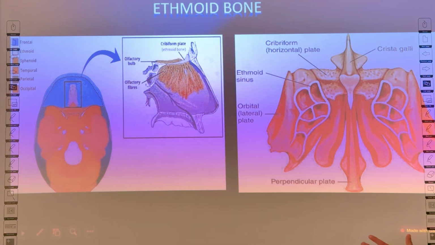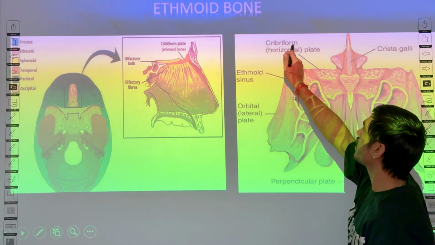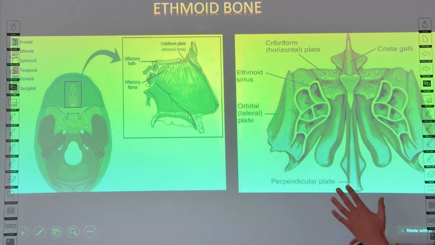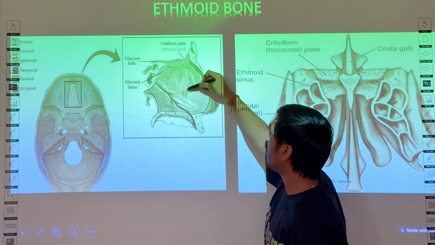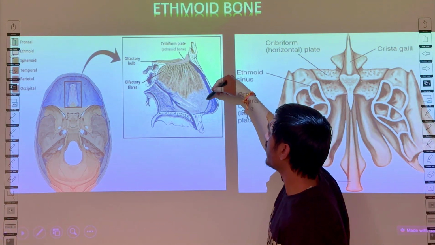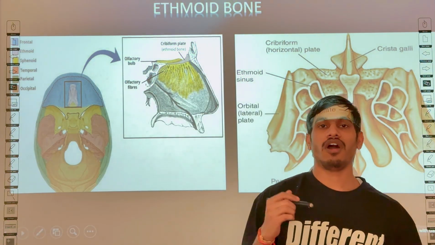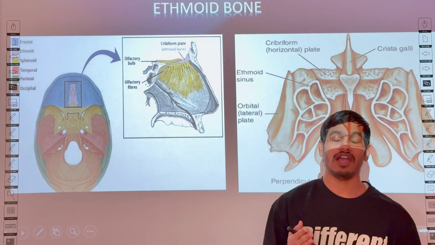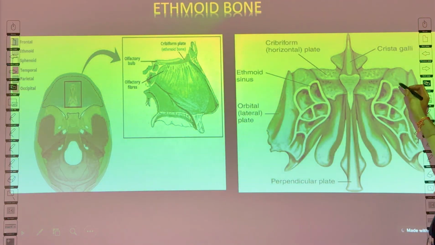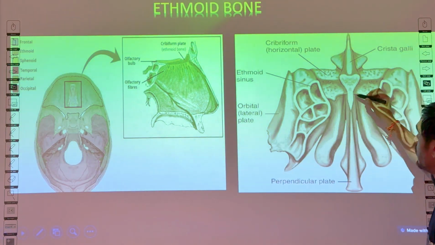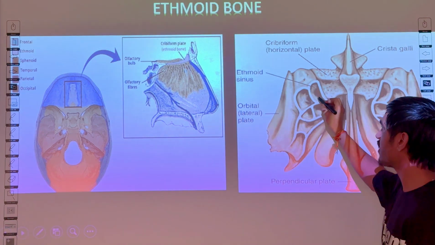Then after that we will see the horizontal plate, also known as the cribriform plate, which consists of various pores through which the olfactory nerve fibers are transmitted from the nasal epithelium to the olfactory bulb and help in olfaction. And after that we will see the bony labyrinths, which consist of the ethmoidal sinuses.